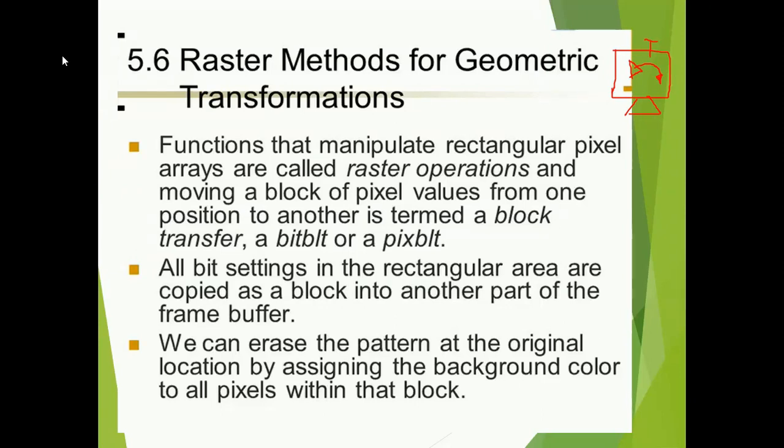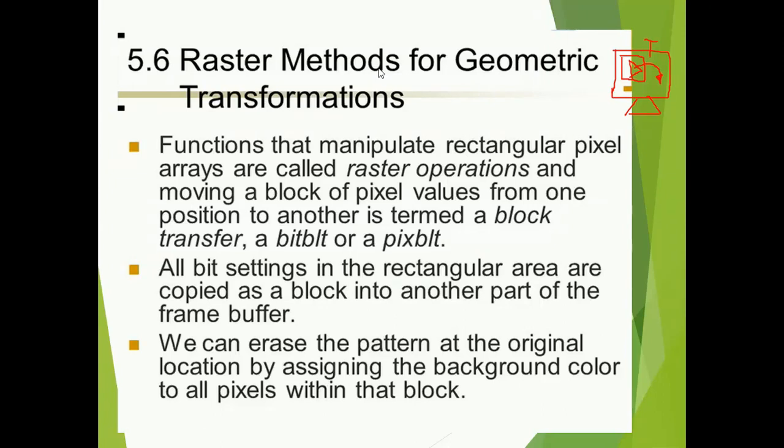You might have used Word or Paint. How do you select an object? You get a rectangular, section-like area. In the same way here, you select the particular area of the object where it is displayed, and you move the block of pixel values that you had stored earlier in the frame buffer.